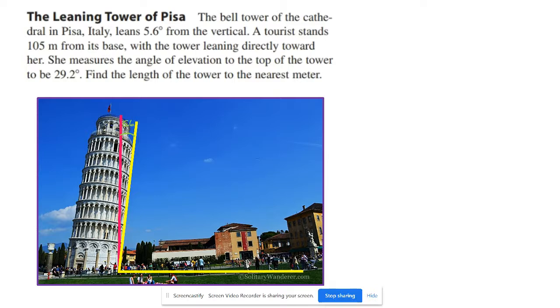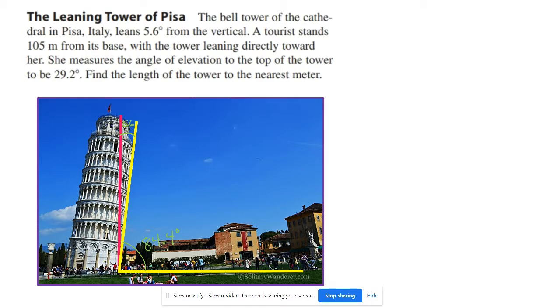That's important because to find this angle, we take 90 degrees, since a perfect vertical would be a 90-degree angle, and subtract 5.6. We find this is an 84.4 degree angle that the tower makes with the ground. Since it leans 5.6 degrees, it makes an 84.4 degree angle instead of the 90-degree angle you would normally hope a building would make.